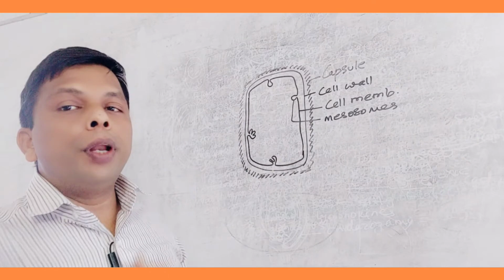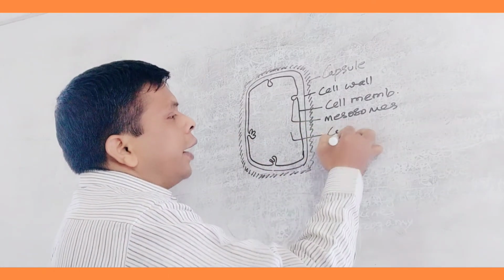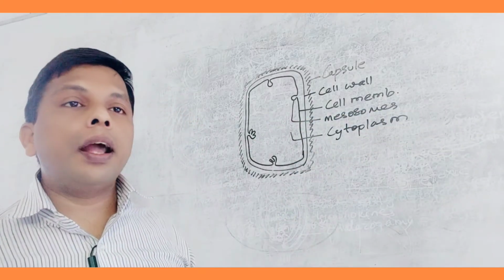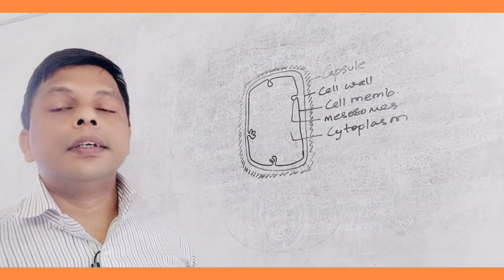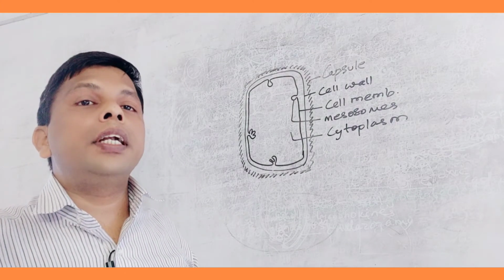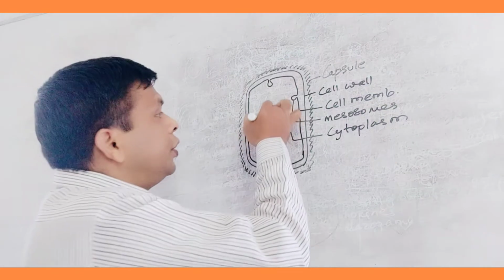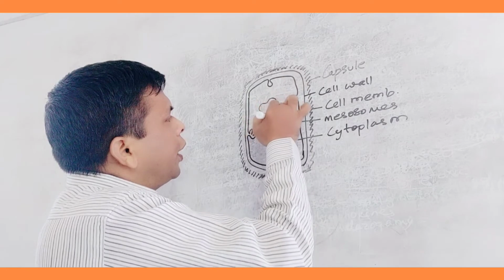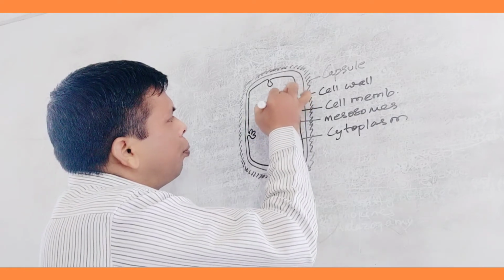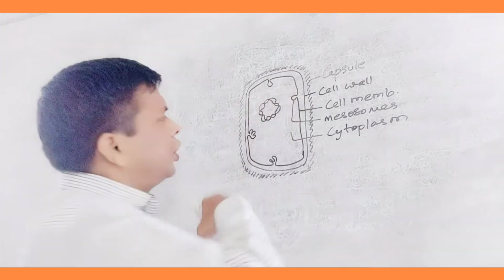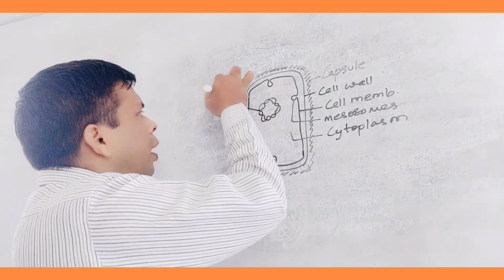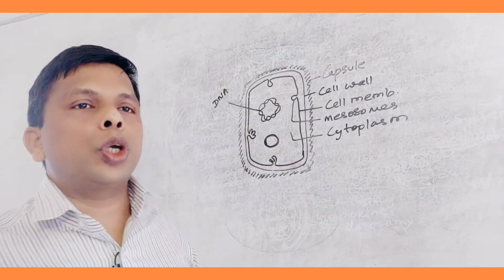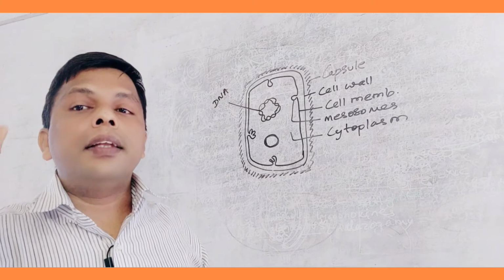Below the cell membrane, there is the cytoplasm. There is no definite nucleus present in it. The genetic material is present in a naked state. The genomic DNA is circular. Besides this, there is another circular DNA outside the genomic DNA.